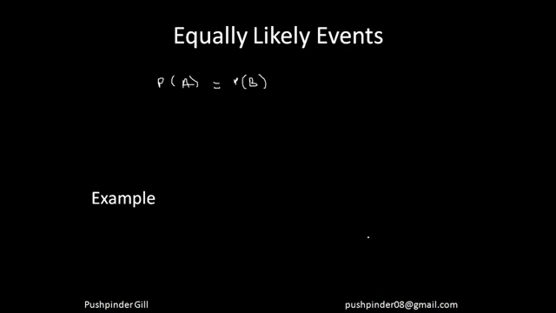Let's go again with the same example. If I throw a dice, 1 can come, 2 can come, 3, 4, 5 and 6 can come, and the probability of each event is the same. Any number can come, so they are equally likely events.